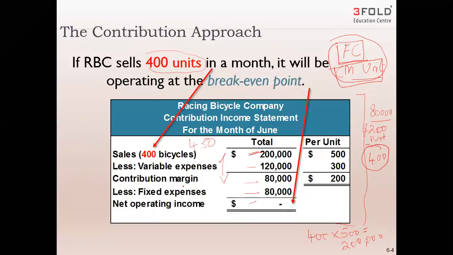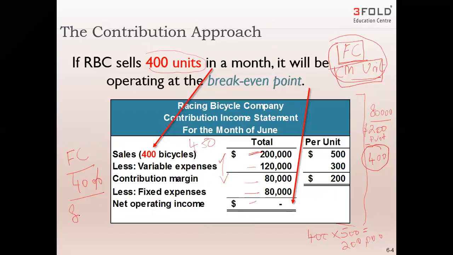The other way to calculate the sales value is if you have the fixed cost and the contribution margin ratio, which I showed you in the slide that we saw. If you know the contribution margin ratio is 40%, then that gives you the sales value as well.